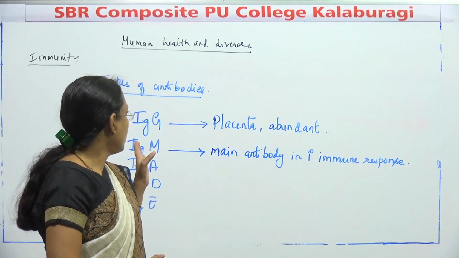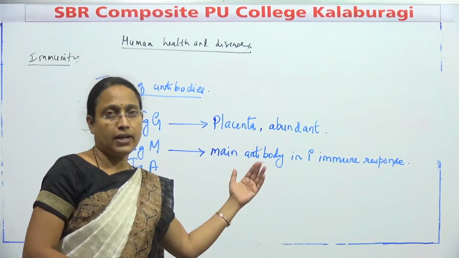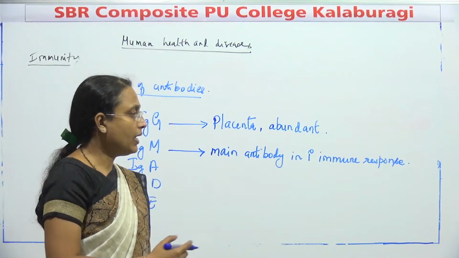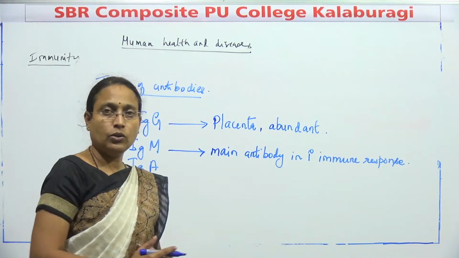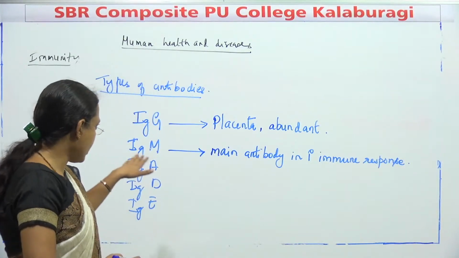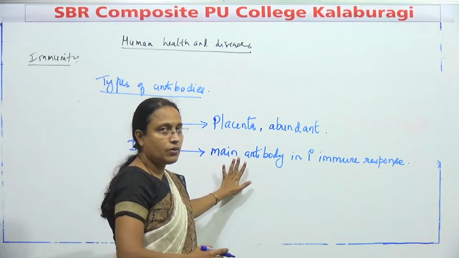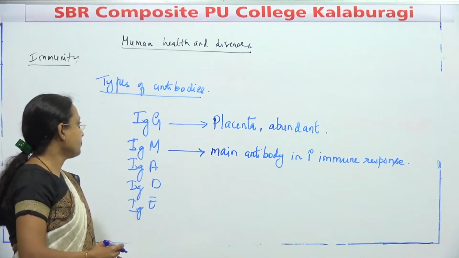What is this primary immune response, and what is secondary? I am going to explain that later in this class. That is the main antibody produced in the primary response, whereas in the secondary response, IgG is the main one. However, I am highlighting the ones which are very important.